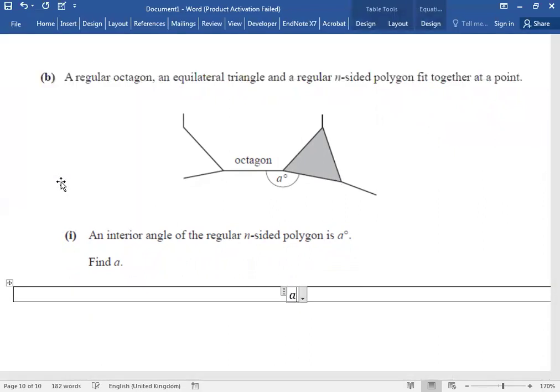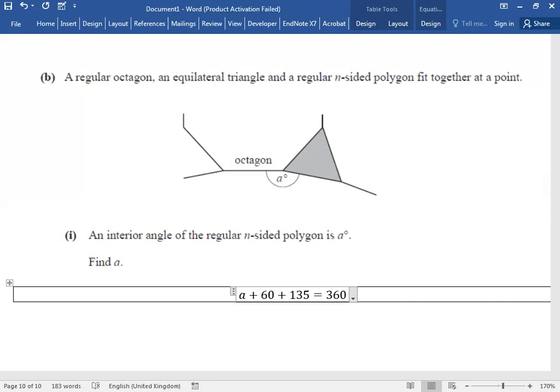If I add all of them, what should that be equal to? Yes, बेटे, the sum of all of them will be equal to 360.